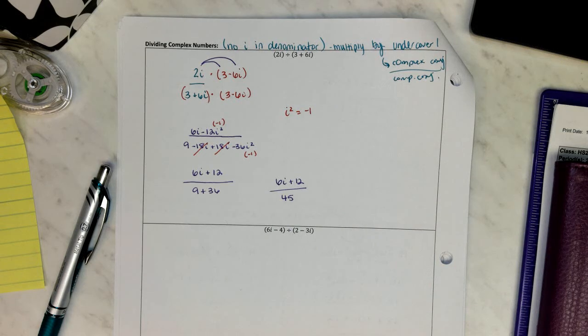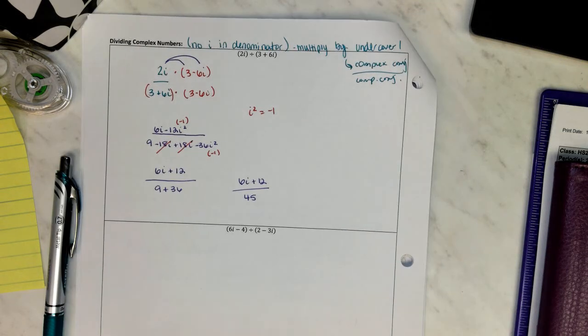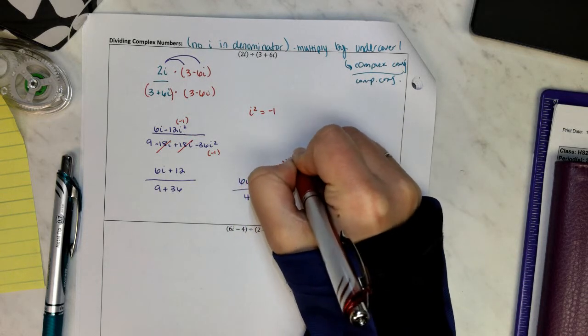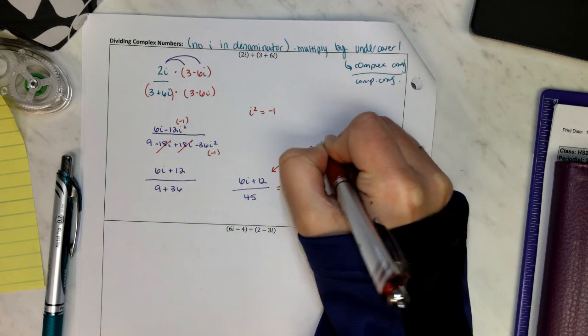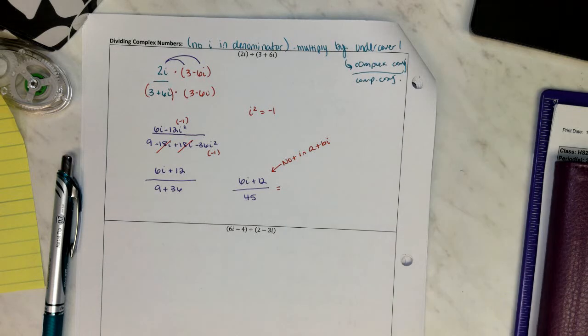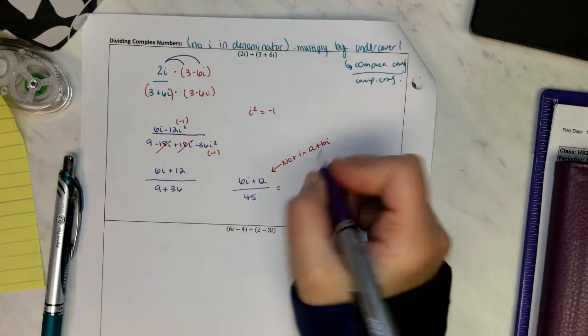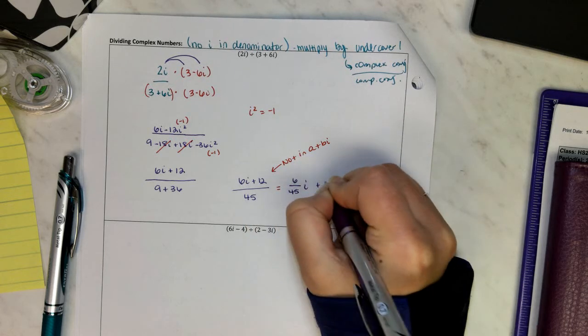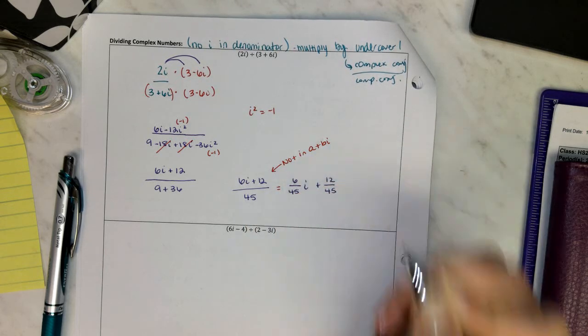Now, that is not in a plus bi form, so we have to put it in a plus bi form. So, this is 6 over 45i plus 12 over 45.